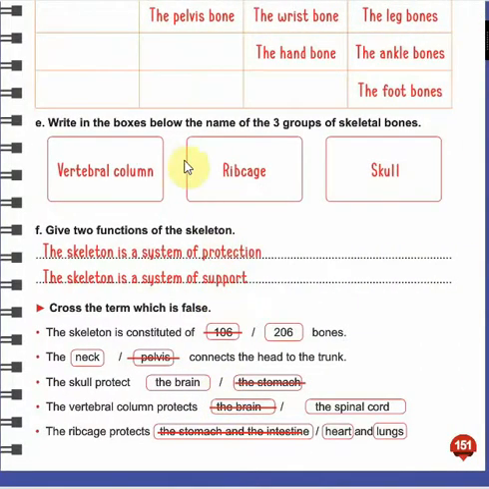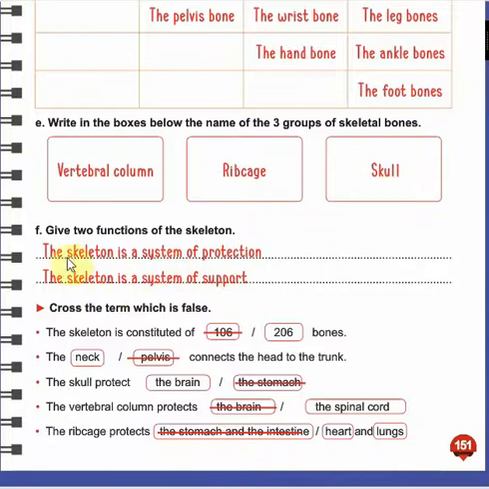But in part E, we are going to name the three groups of the skeletal bones, يعني مجموعة bones that protect the delicate parts of our body. We have the vertebral column that protects the spinal cord, the rib cage that protects the heart and lung, and we have the skull that protects the brain.